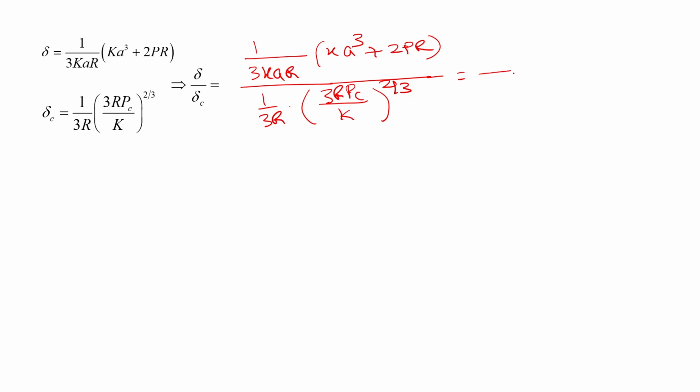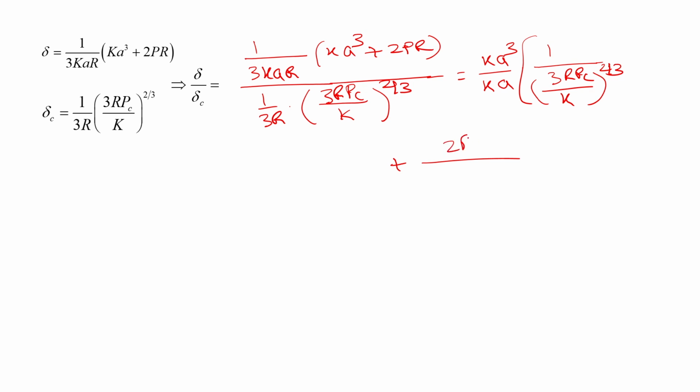So, we have 1 upon Ka, so this is Ka cube by Ka, and we also have here 3 R Pc by K to the power 2 by 3, plus 2 P R by 3 R Pc by K to the power 2 by 3. So, in essence what we are going to do is something like this.